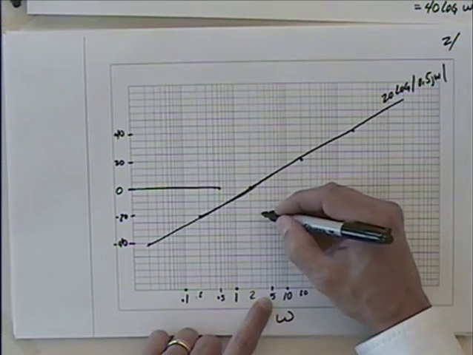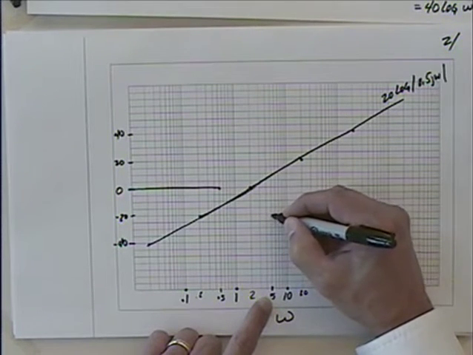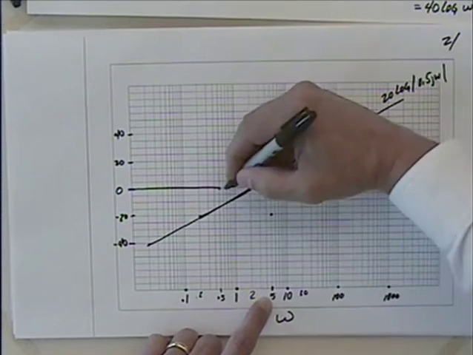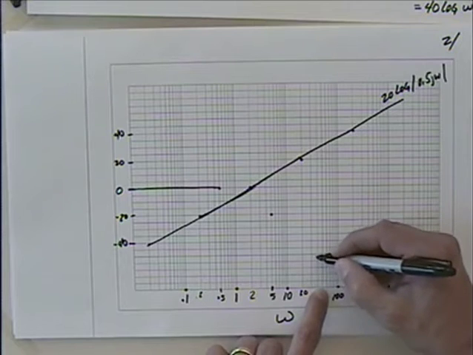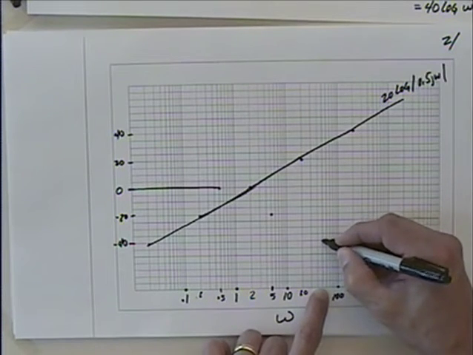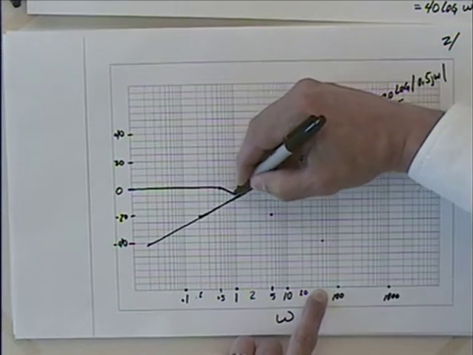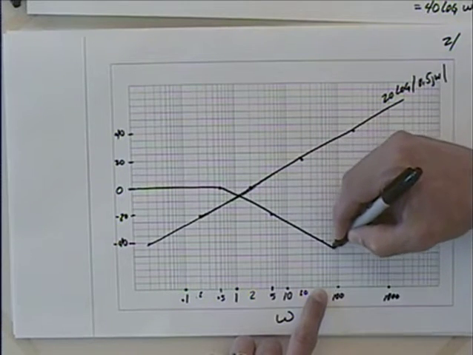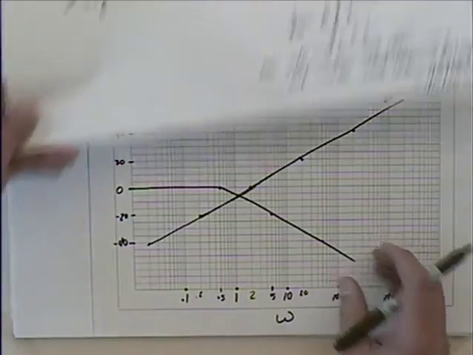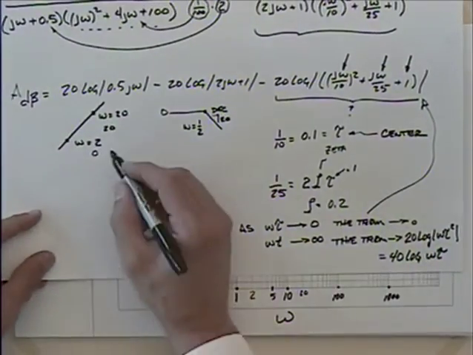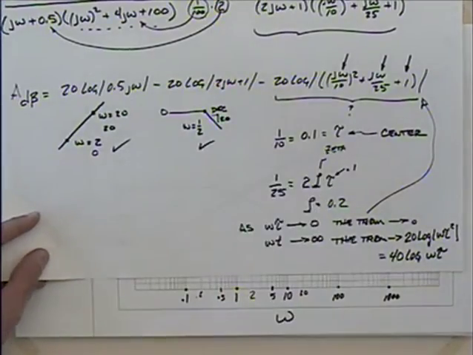We should be at 20, down 20. And then at 50, should be down 40. So we got that one. So that one's done, and that one's done.